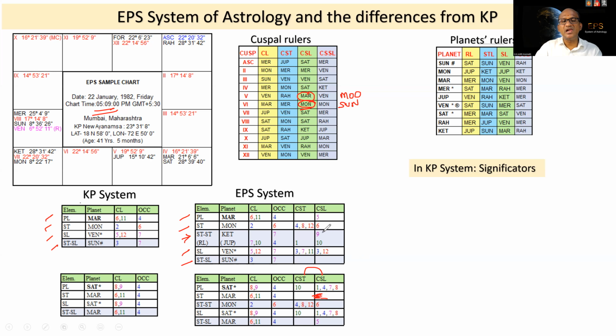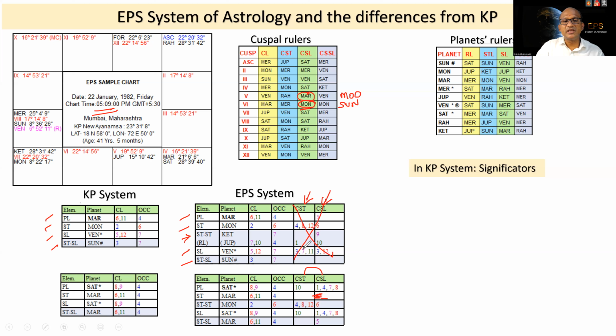How to interpret from this, I will explain in detail in the respective chapter. So in the EPS system, we can find the difference in each planet's significations even when the minutes are changing, by way of the cuspal sublord signification and also the cuspal star lord signification.